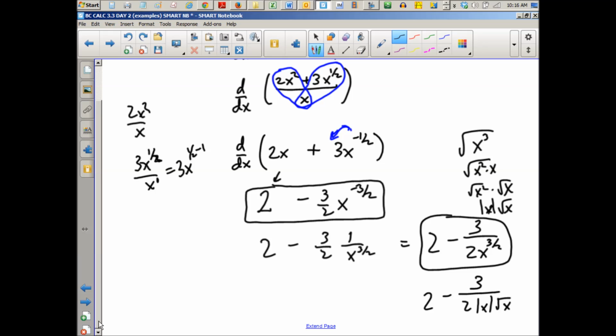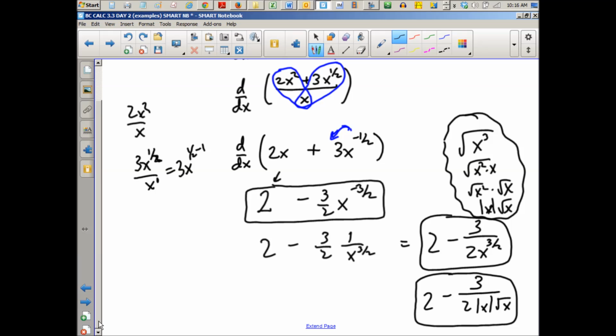So you just have to be careful about that little absolute value there. That will show up later in the end of chapter 3, again, that absolute value. But this would be a good answer too. The only time you don't need the absolute value x is if the problem states explicitly that x is greater than 0, then you wouldn't even need it.